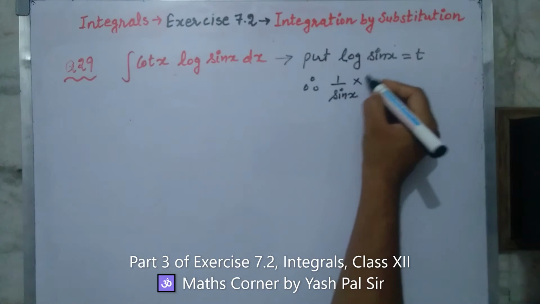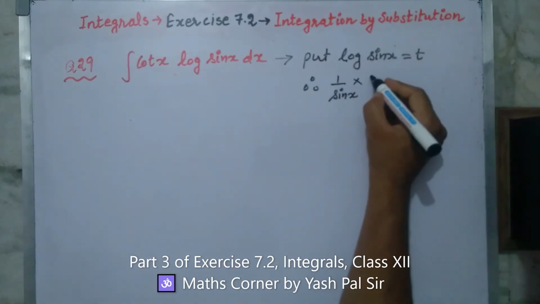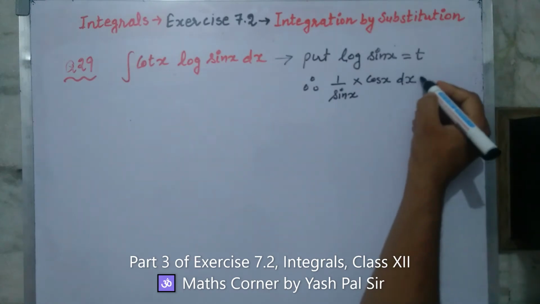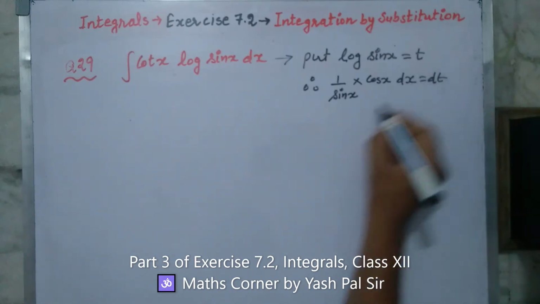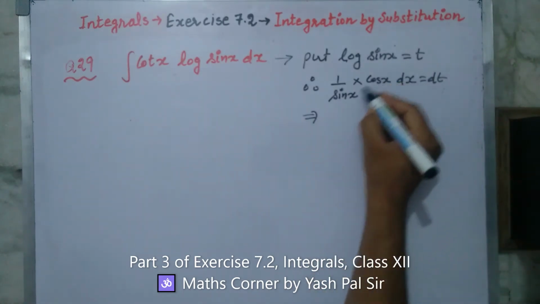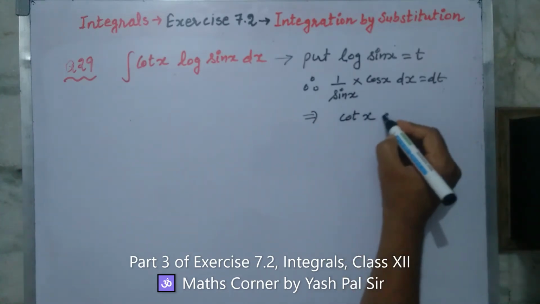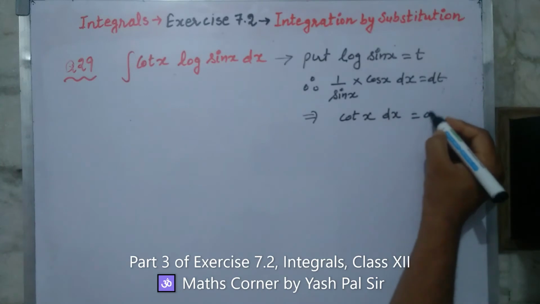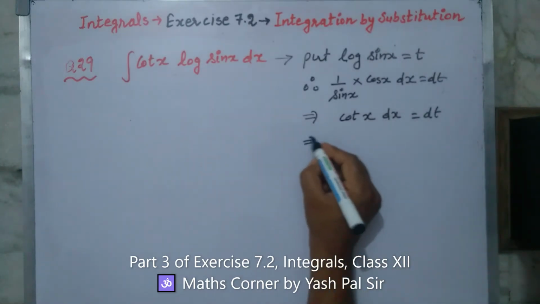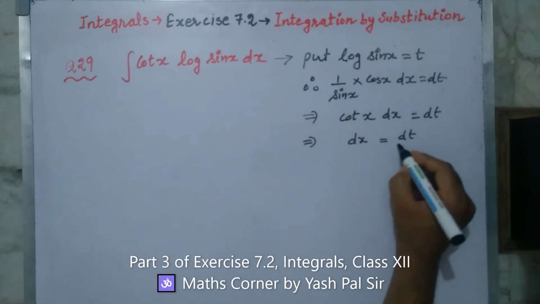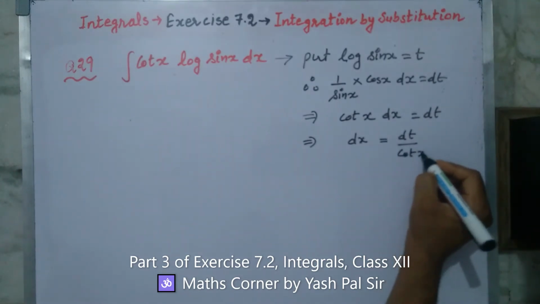Because of the chain rule, again the derivative of sin x is cos x, into dx is equal to dt. So this means cos x upon sin x, which is cot x, into dx is equal to dt. That means dx is equal to dt upon cot x.